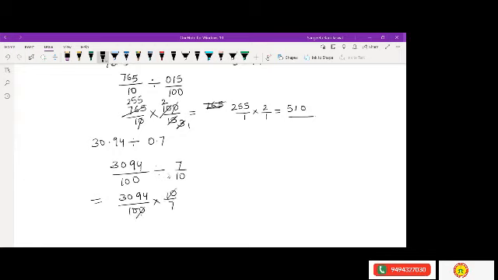So the 10 and 10 will cancel. This is 3094 divided by 70. Now you can just divide by 70 and get your answer. Can you do that? Yes. What is the answer?